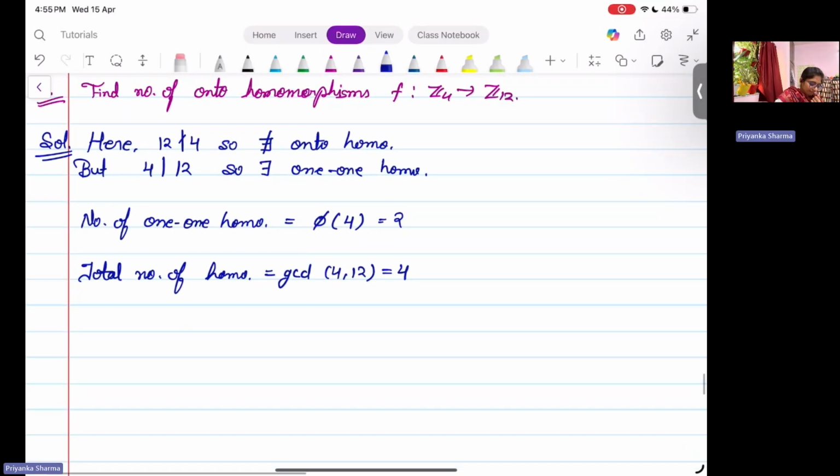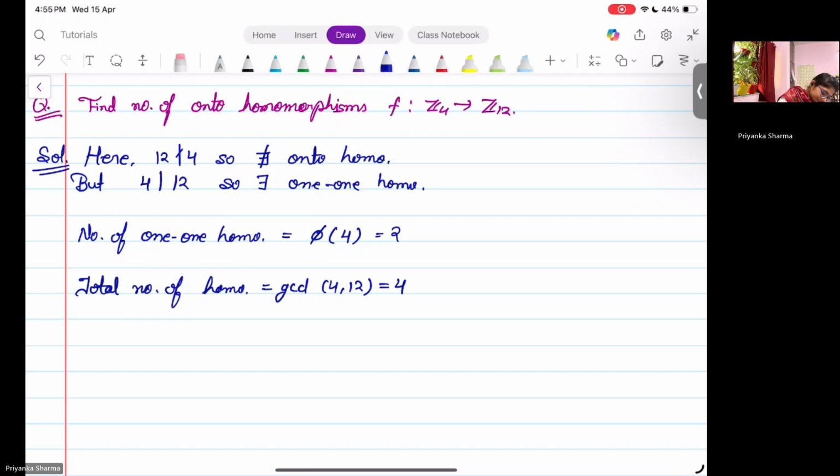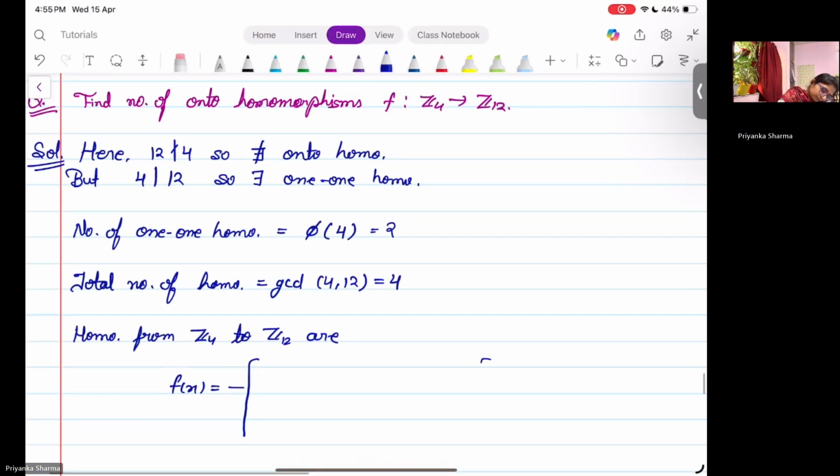So, okay, fine. Let's list them. Homomorphisms from Z4 to Z12 are f of x is ax, where a is 12 by GCD, that is 4, that is 3, into k, and k is 0, 1, 2, and 3, that is up to GCD minus 1, right?